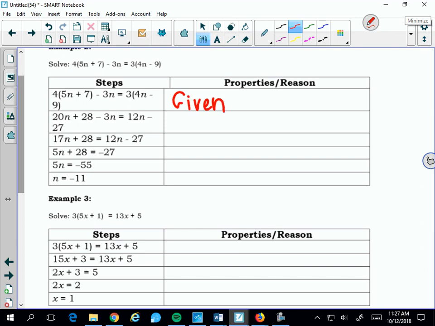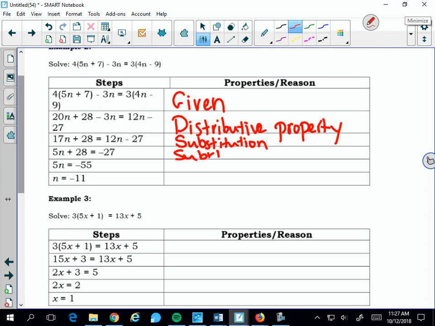My first step I was given. Second step I used the distributive property. Next step is substitution. Subtraction property. Oops, spelling.